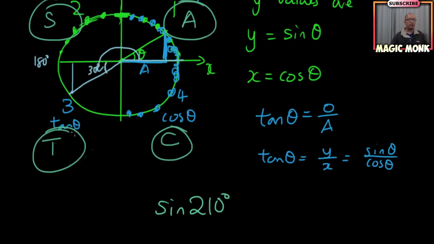That is going to be exactly the same y value as this point, but reversed. So sine 210 is going to be negative of sine 30.